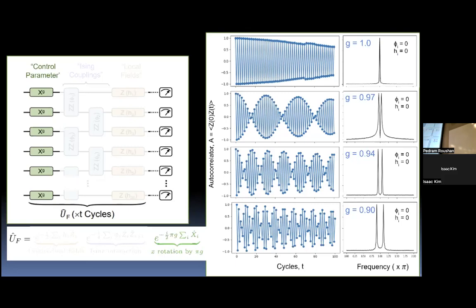Now, if g starts to deviate from 1 and becomes smaller, you start from, let's say, the north pole, you go almost to the south pole, and then you don't come back completely, and you start lagging behind, and you see this nice beating pattern. This is a single qubit operation. I'm showing you the expectation value of Z of one of the qubits, or the average behavior of the qubits. They are all doing the same boring thing.